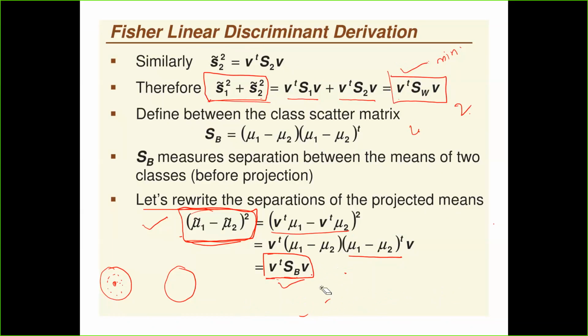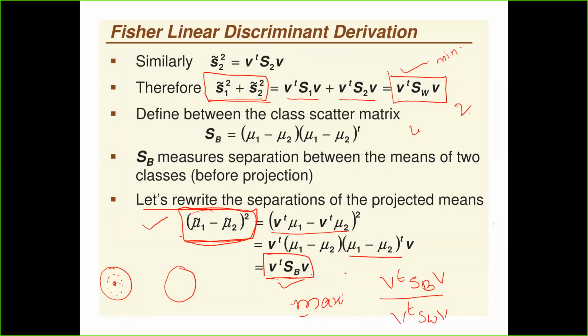SW minimize, SB maximize. So V transpose SBV we want to maximize, and V transpose SWV we want to minimize. Can I write it as V transpose SBV divided by V transpose SWV maximization?